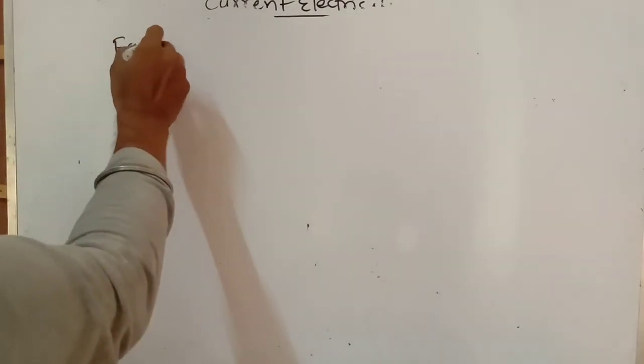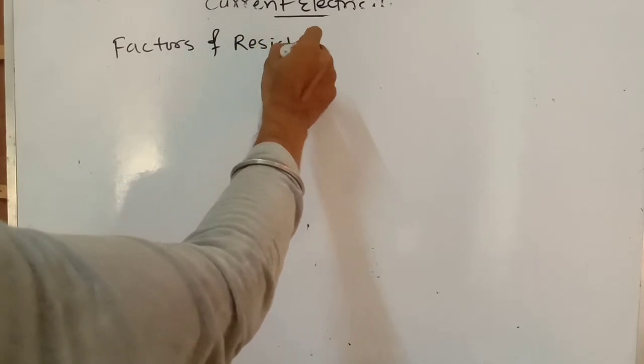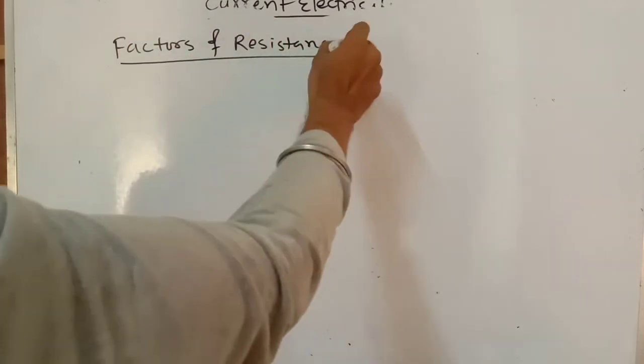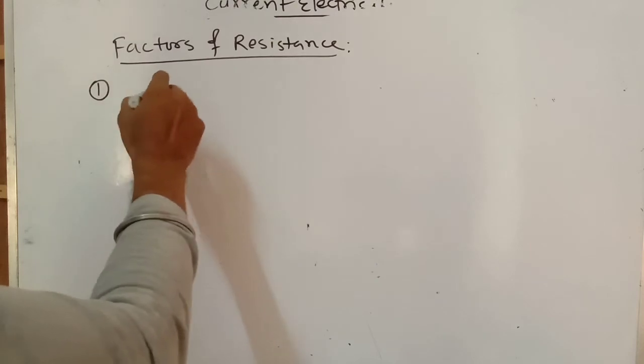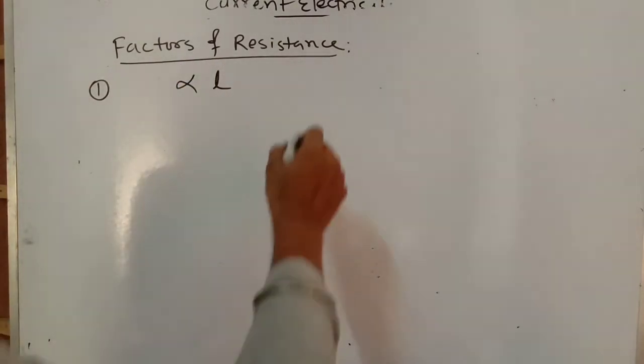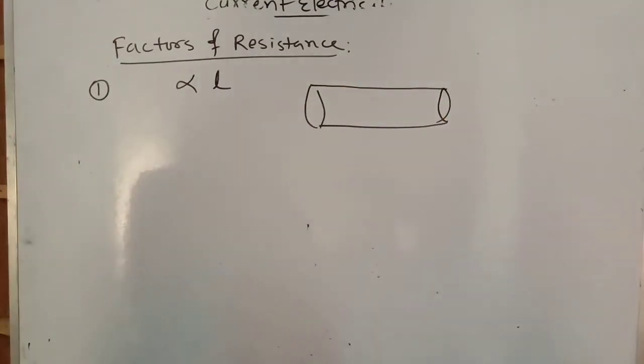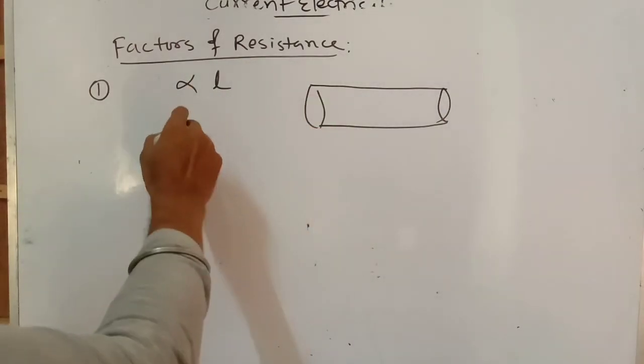So factors of resistance. First, you write it is directly proportional to the length of the conductor. When the length of the conductor increases, the collision of electrons occurs more because they travel more distance, so the resistance also increases.